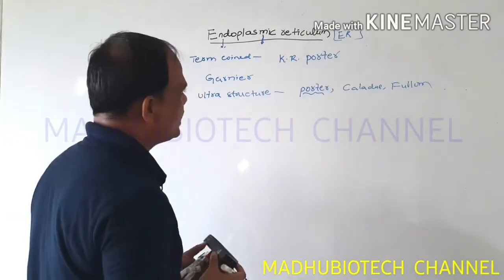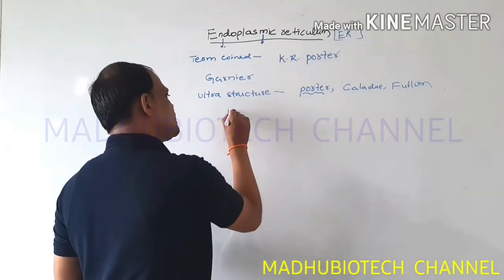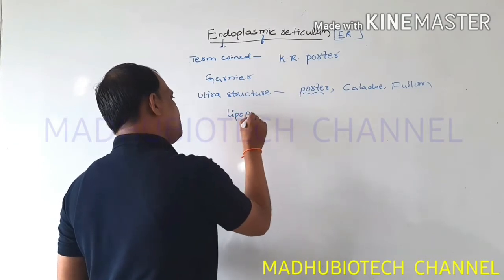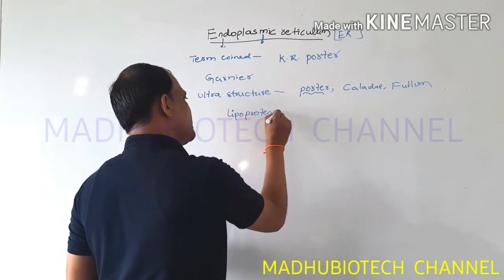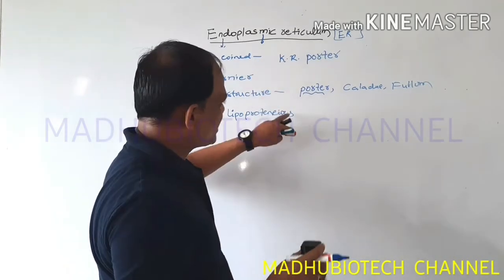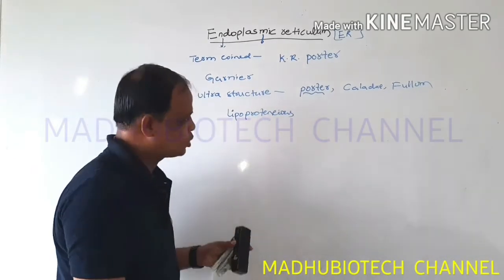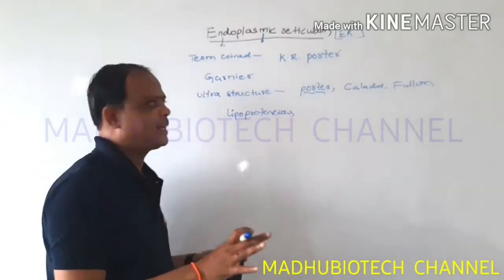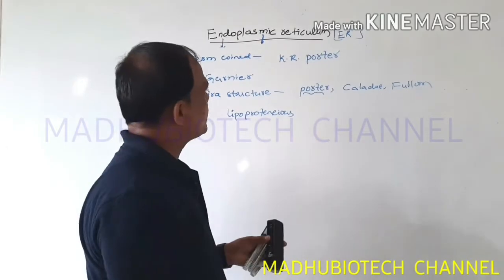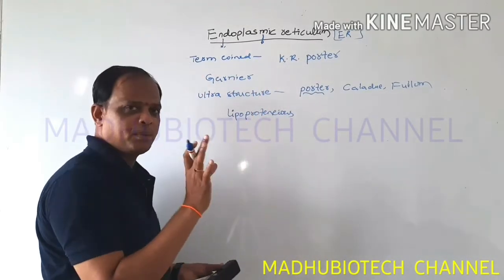This is a lipoproteinaceous network structure. It runs throughout the cytoplasm to the nuclear membrane. That type of cell organelle is called the endoplasmic reticulum.